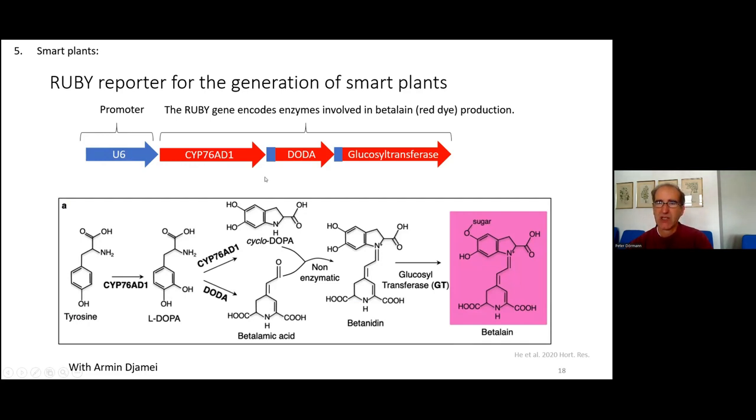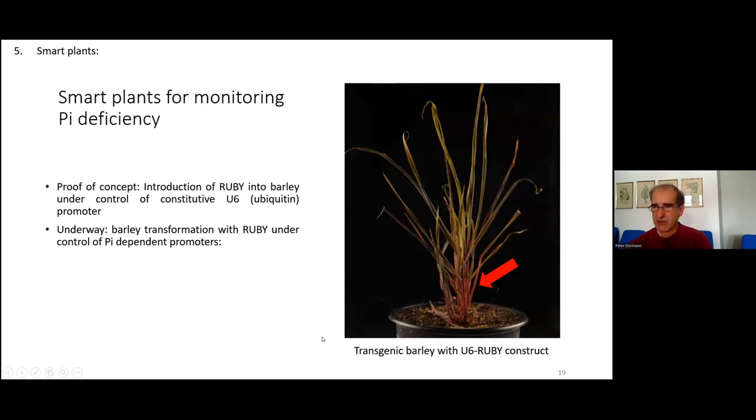And if you do this and create transgenic plants, that's what Magda did, you get, this is a transgenic barley plant, which, the wild type would be green, but this plant is very reddish here at the elongation zone at least, because it expresses this construct with the constitutive promoter and is red all the time, which means that this ruby construct is active in barley.